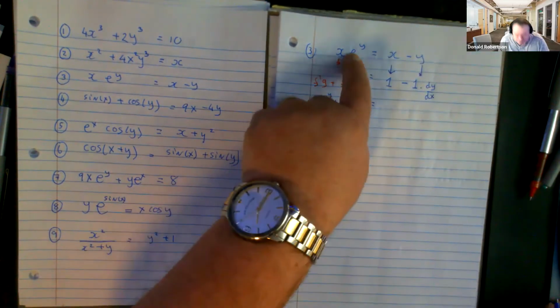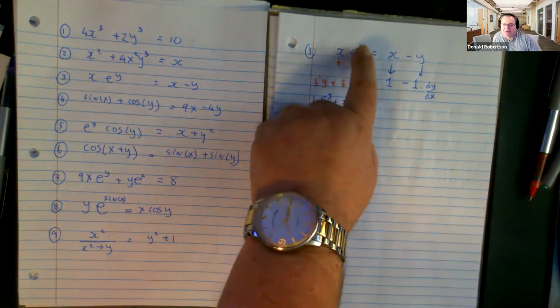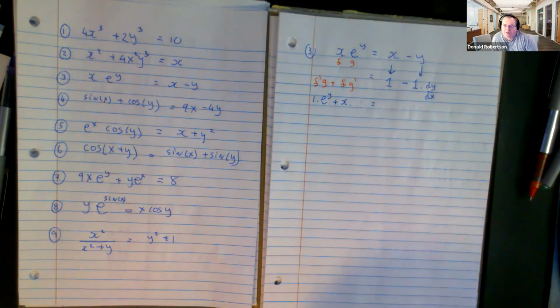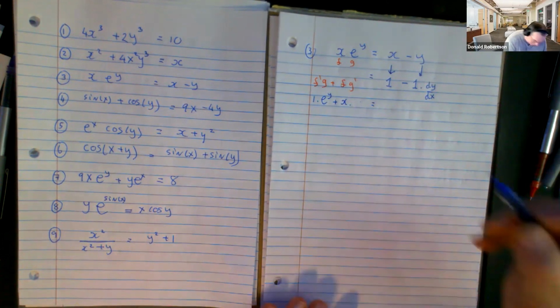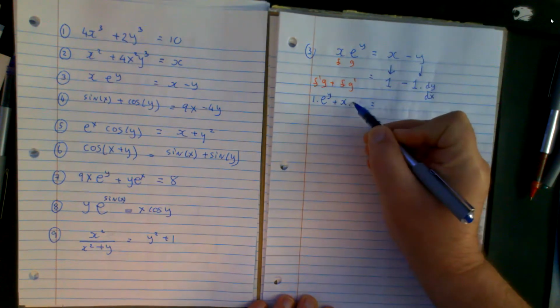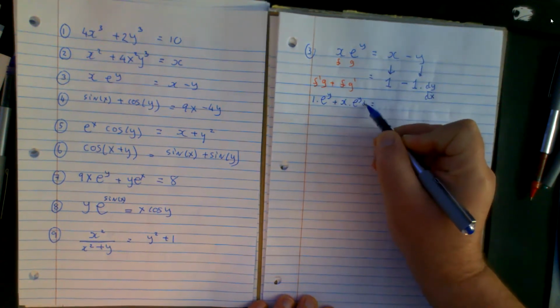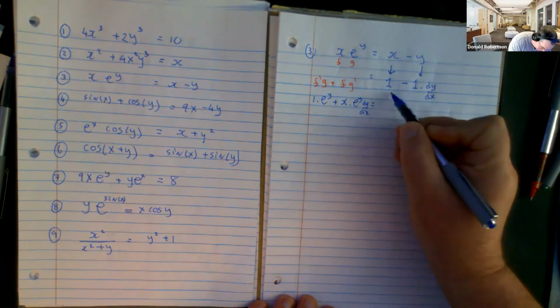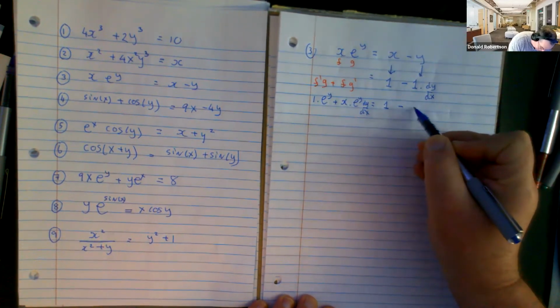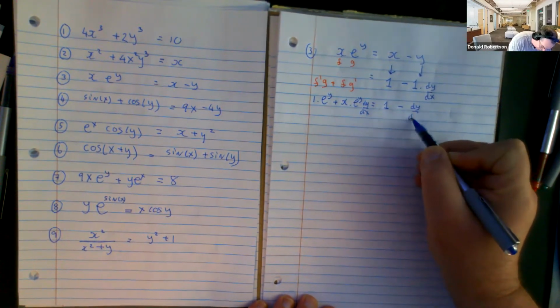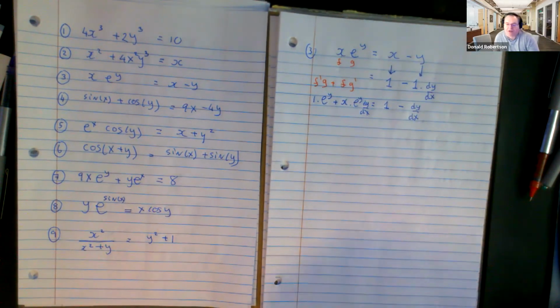Okay, anybody want a shot at differentiating e to the y? What would that get you? Wouldn't it just become e to the y times dy over dx? It would indeed. And this thing here is 1 take away dy by dx. You agree you don't need to write 1 dy by dx.